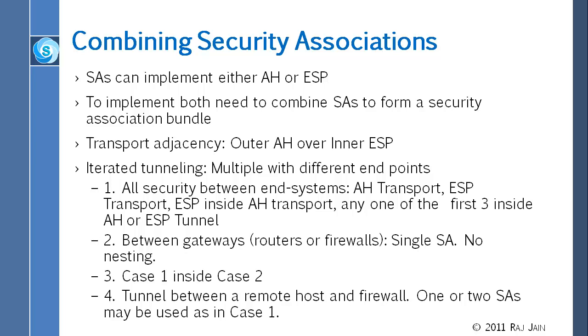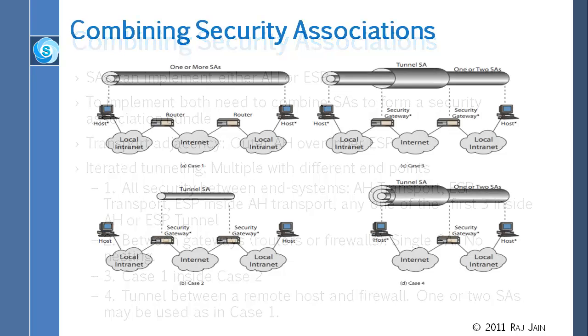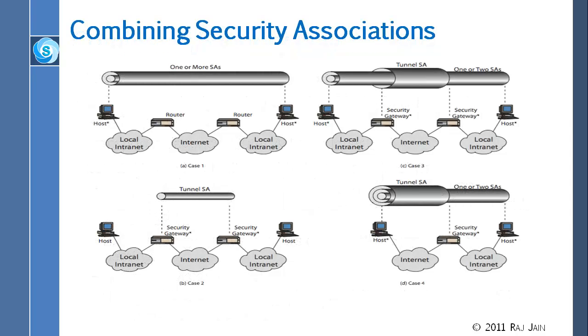Now this is the most general case, is that you have some end to end, you have some tunnels, and so on and so forth. So this is a combination of all 3. This one is all end to end, this one is all gateway to gateway, this one is end to end inside the gateway, and here the mixture is different than that one.